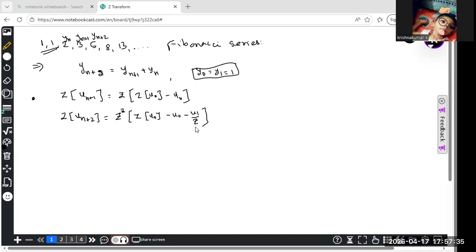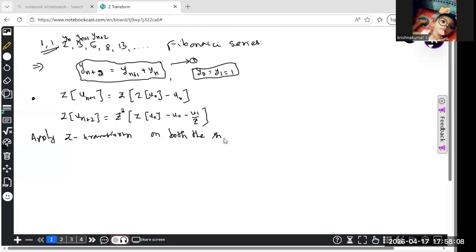Now you use these formulas to simplify this expression. Here, in the place of u(n) we have y(n), that's it. Take this as equation 1. Now I am going to apply the Z transform on both sides of equation 1.